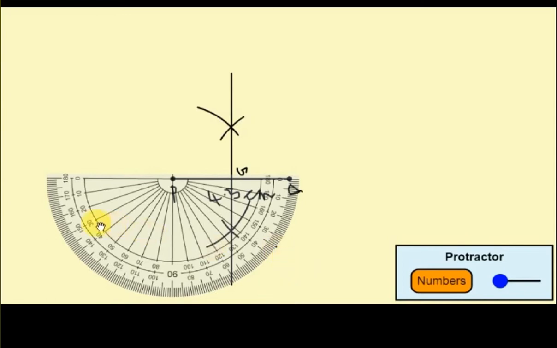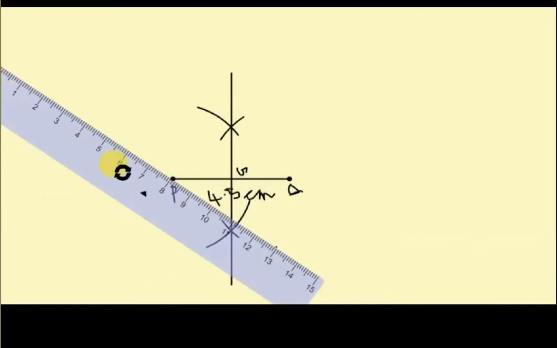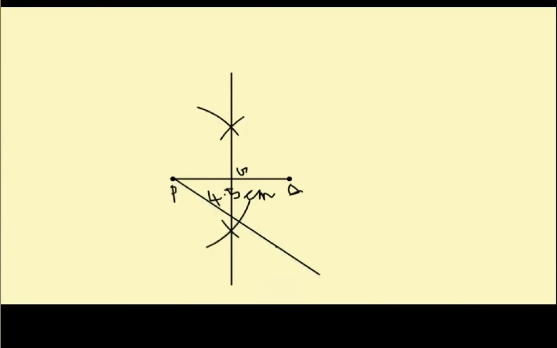Now take your scale and join the point P and the dot we have kept for the 35 degree angle. Mark that point as E. So this is our P to E line.